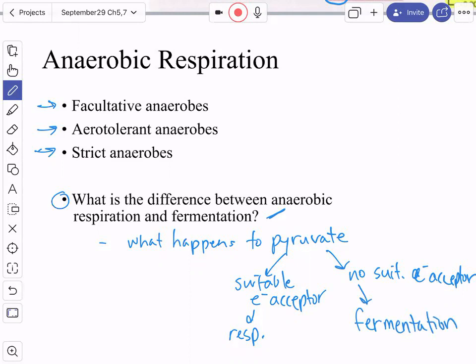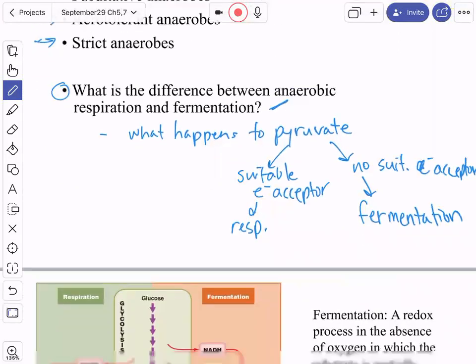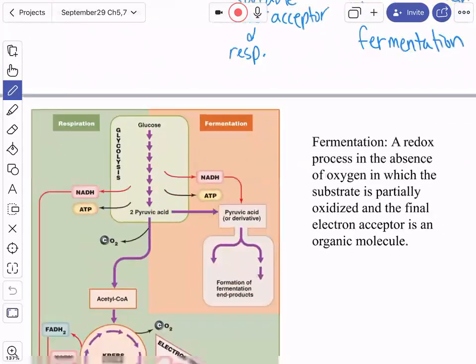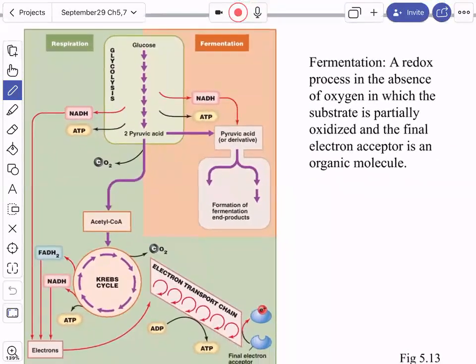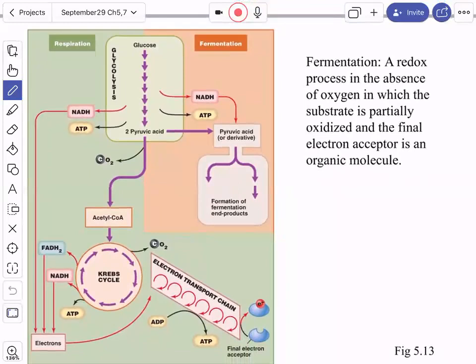Okay, so let's talk a little bit about fermentation now and what that will involve. I came back to this graphic and wrote out a kind of dictionary definition of fermentation. It's the orange parts of our diagram here that are a fermentation pathway.